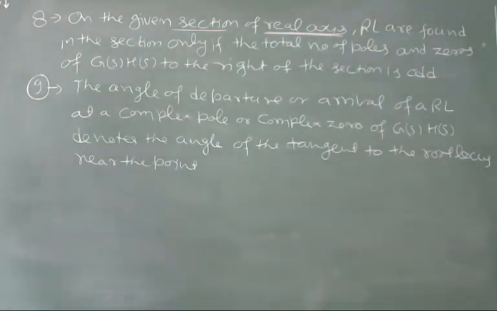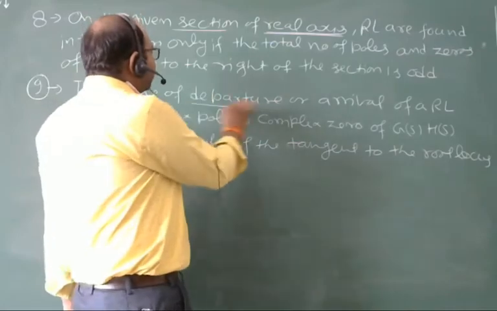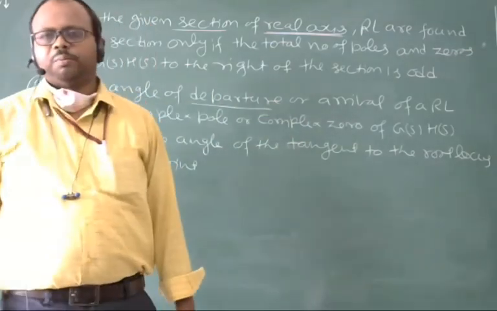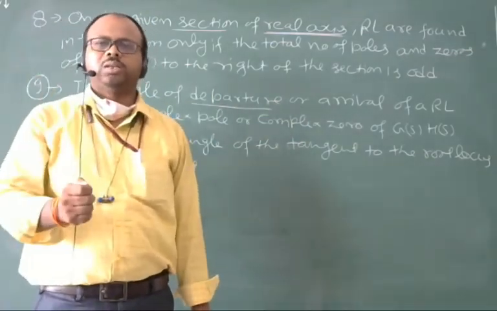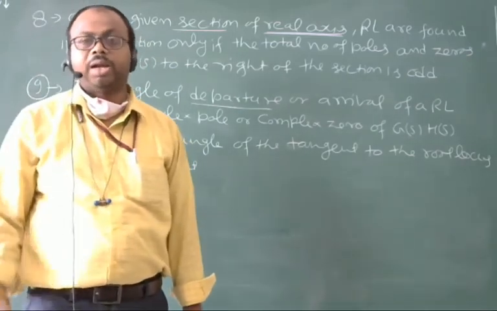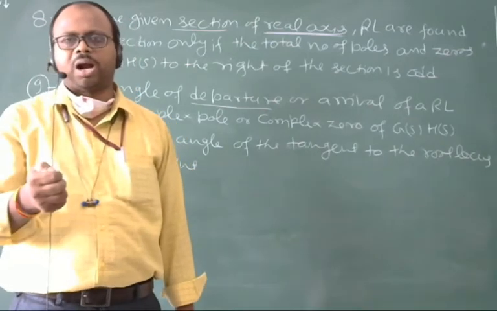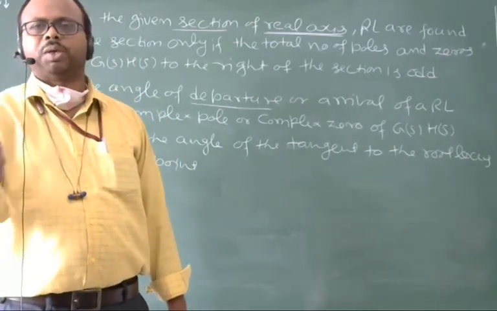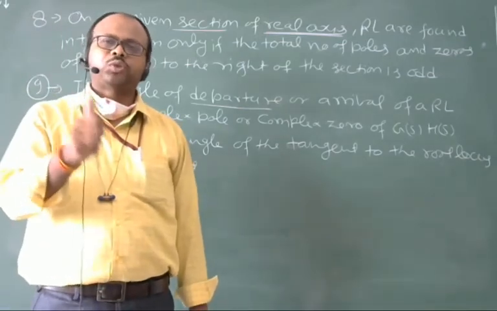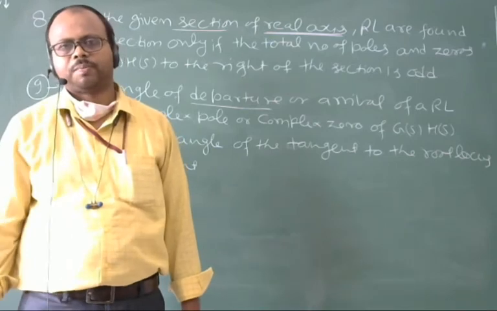The angle of departure or angle of arrival can only be determined in case of complex roots. The angle of departure means from where the root locus will depart and at which angle the root locus will depart from a pole, because root locus departs from a pole and arrives at a zero.